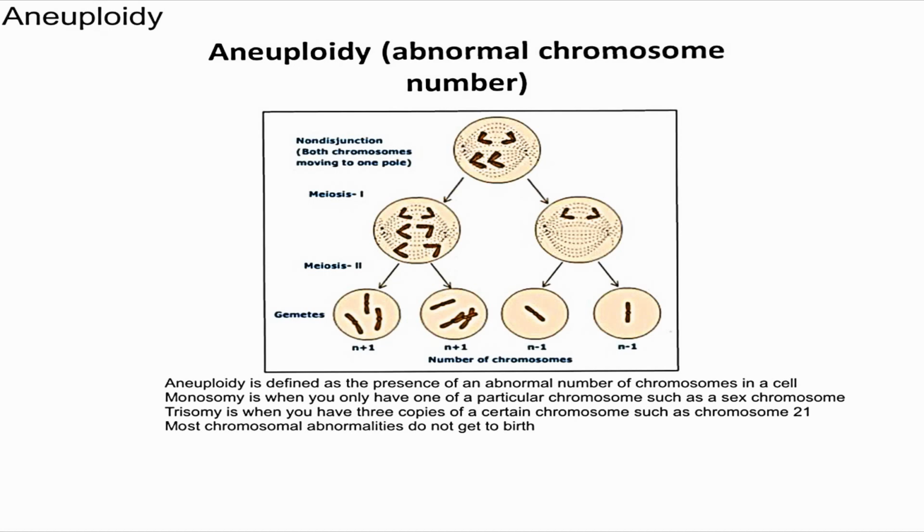Additionally, monosomy is a type of aneuploidy in which the individual only has one of a particular chromosome.